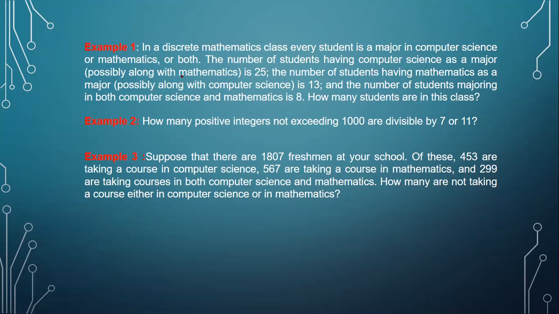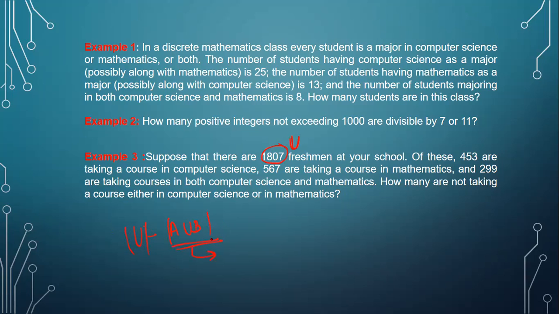To find the number of students who are not taking a course in computer science or in mathematics, you have to subtract the number that are taking a course in either of these subjects from the total number of students. So basically, if this 1807 is the universal set U, then you have to subtract universal set minus A union B, cardinality of both of these. Okay, so this is the problem.